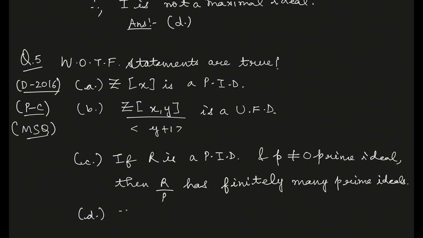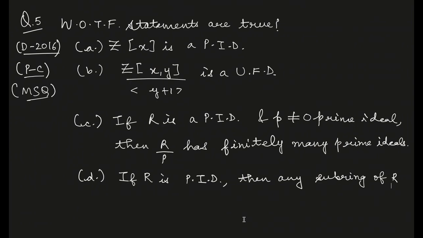Option D, if R is a PID, then any subring of R containing unity is again a PID.